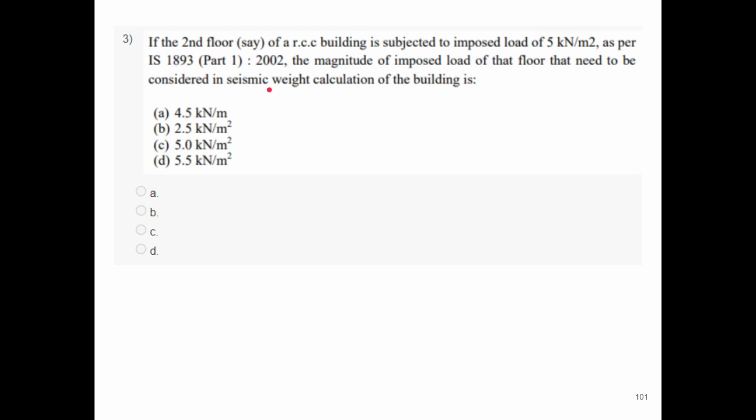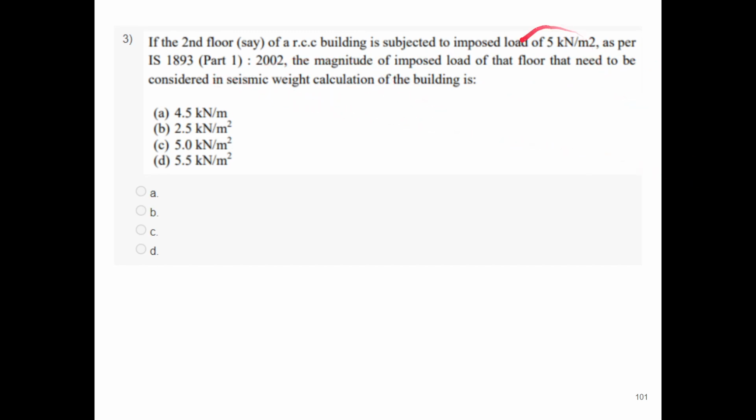So how much do we need to consider? If the building is subjected to 5 kilonewton per meter square imposed load, how much percentage do we have to consider of that imposed load for the seismic weight calculation of the building?